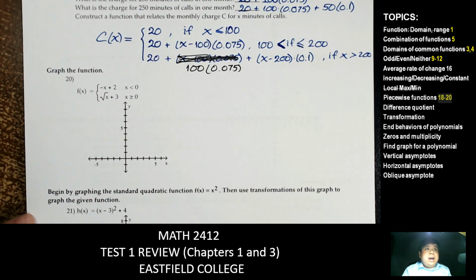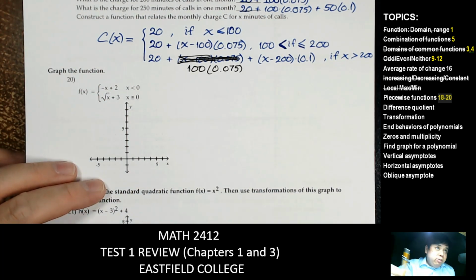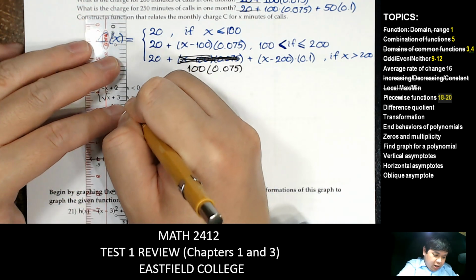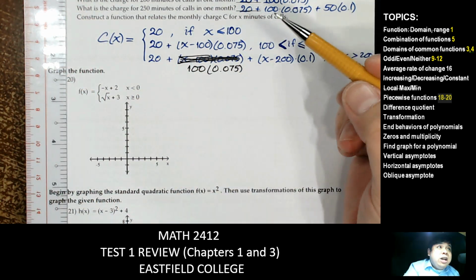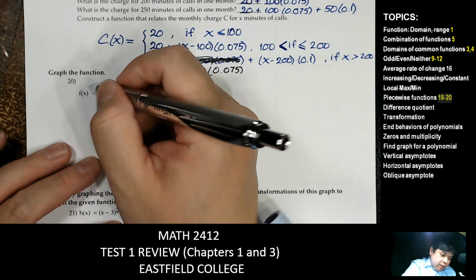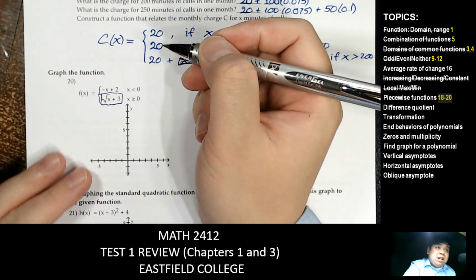Next, we will graph a piecewise function. First, we look at this and we see that the break of the piecewise function is at 0, so it's going to be right on this line. Next, we graph each one of them. Look at square root of x plus 3.